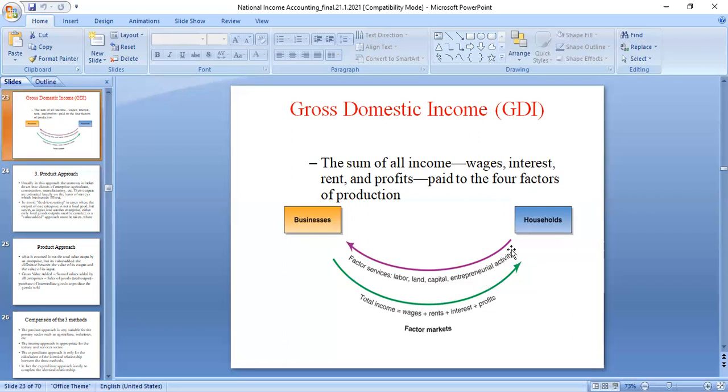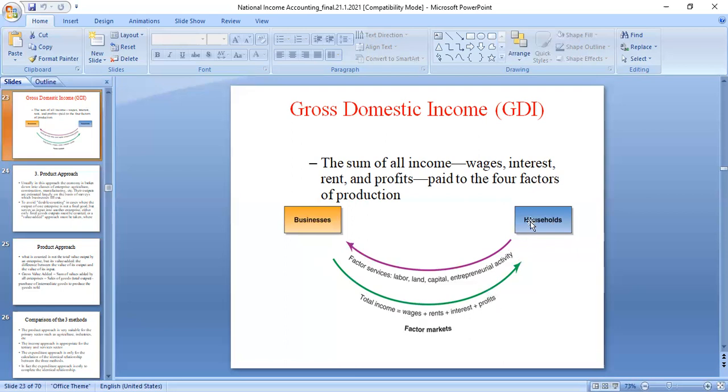If, for example, they offered their premises for these business firms to use, then the business firms will pay rent. If they lent out money to the business firm, the business will pay interest, isn't it?